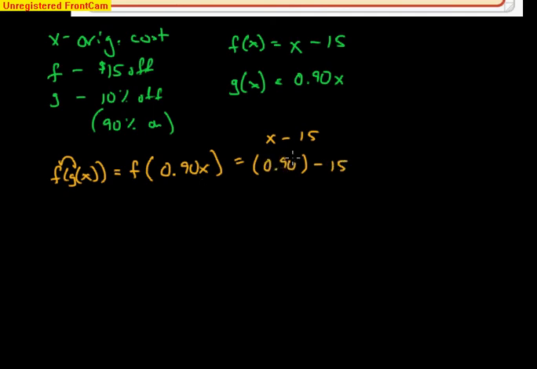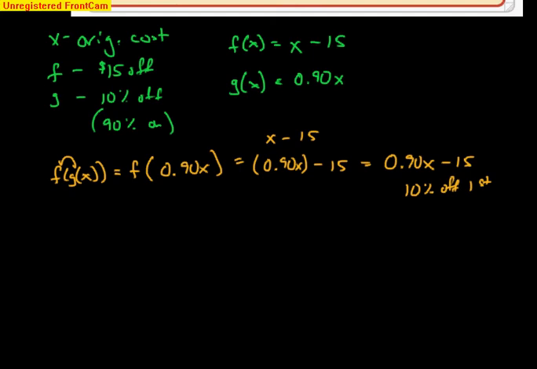I will put 0.90x. Add, subtract, multiply, divide. Really, you can't combine those, so it just is 0.90x minus 15. And this represents the 10% off first. So this right here is the 10% off first.